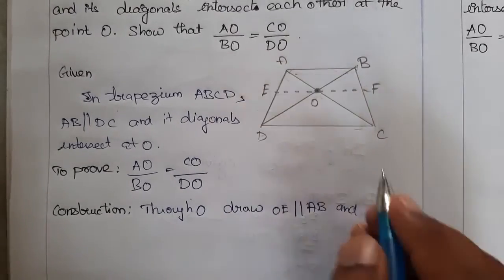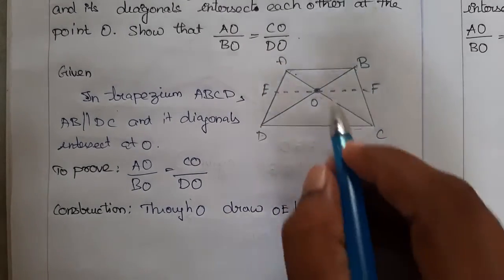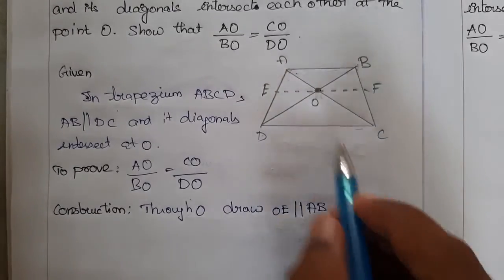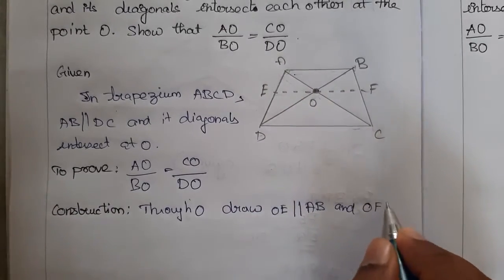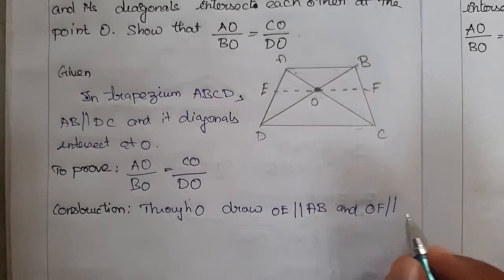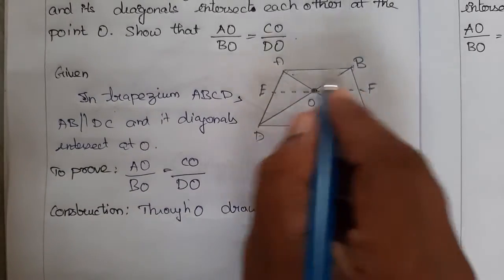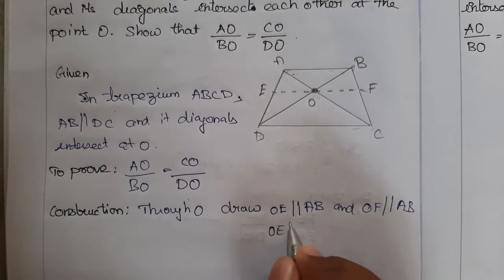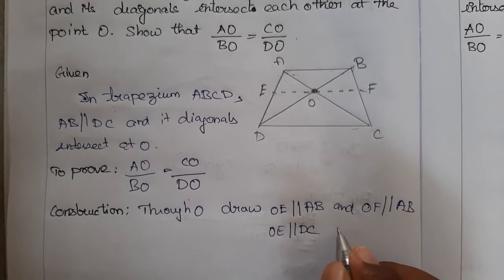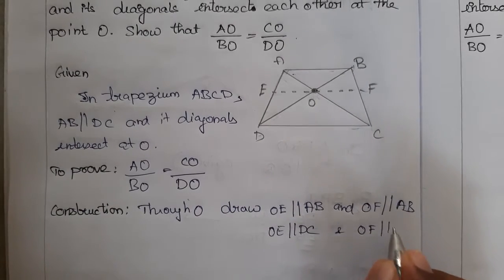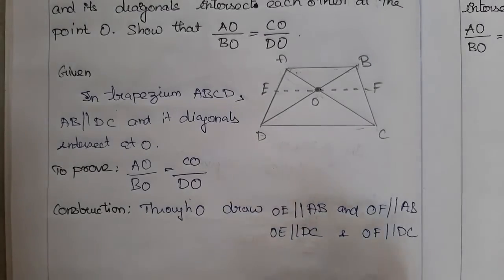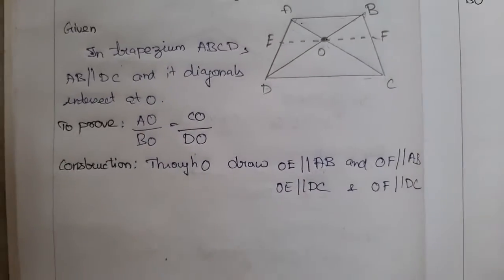So OE will be parallel to DC, and OF is also parallel to AB. See, OE is parallel to AB, then we can say OE is parallel to DC. The same way OF is parallel to DC. So now we can use this according to the things we are going to choose.